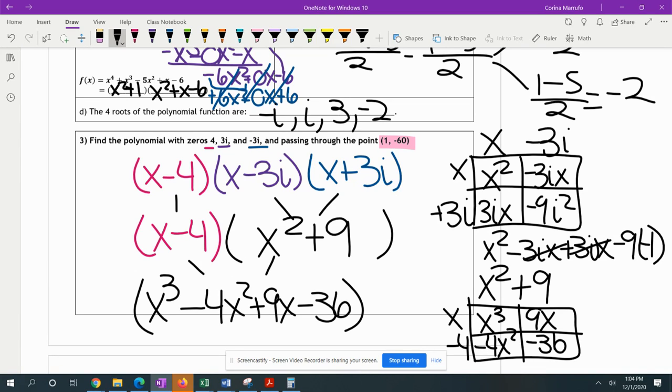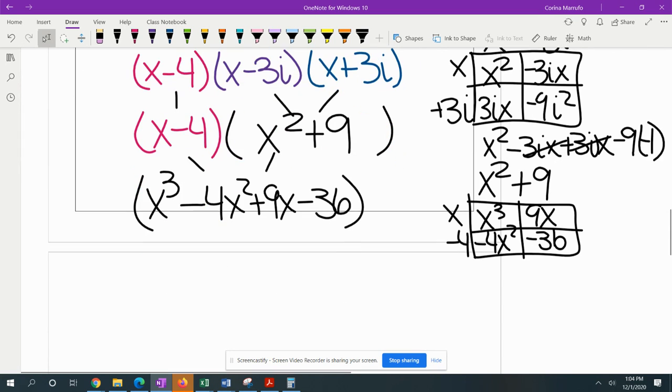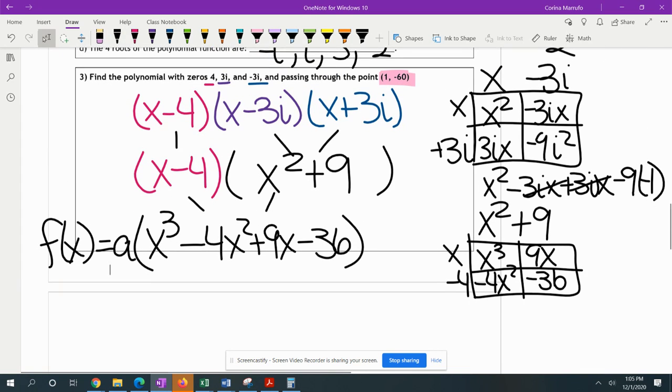So next we're going to go ahead and make it pass through this point, 1, negative 60. Okay, so this means, if you guys recall from one of the previous lessons, f of x equals a times the polynomial, and we need to put a number there for a in order for us to be able to make it cross through 1, negative 60. So the way that we do that is we plug in that point.